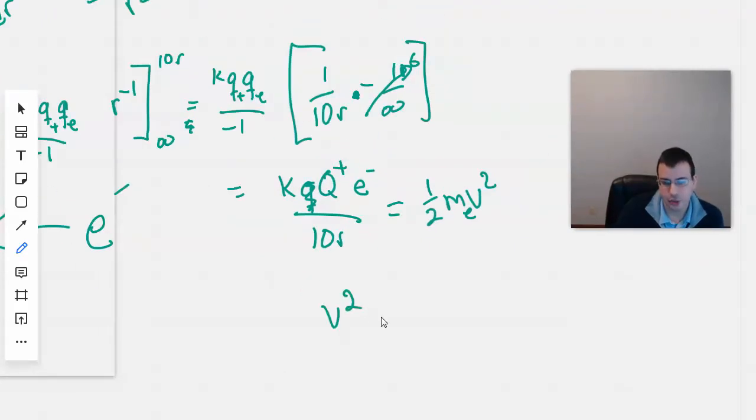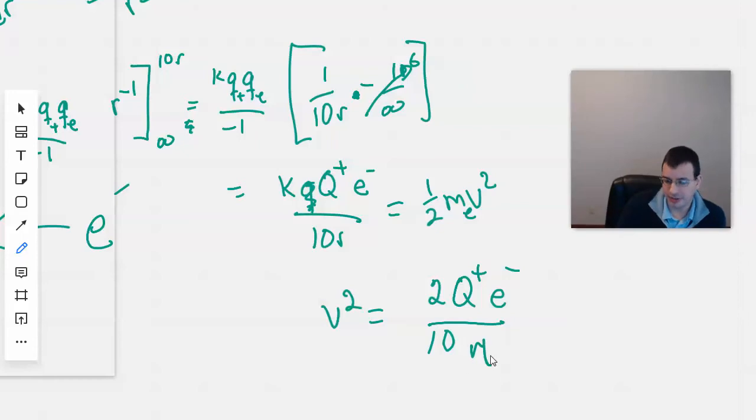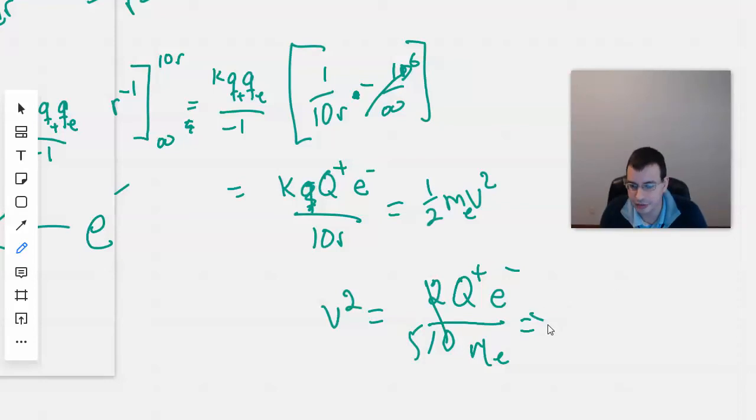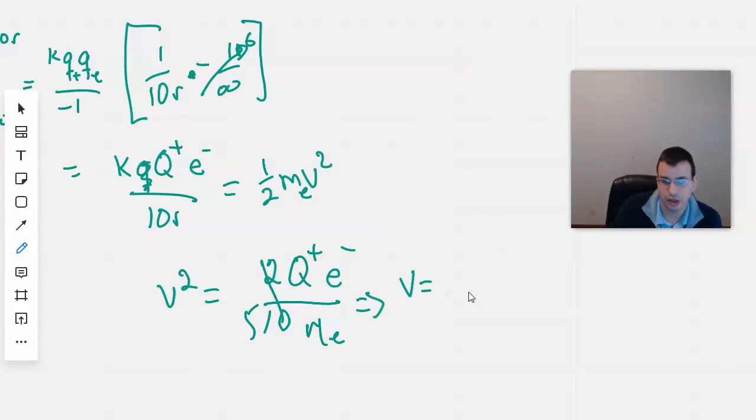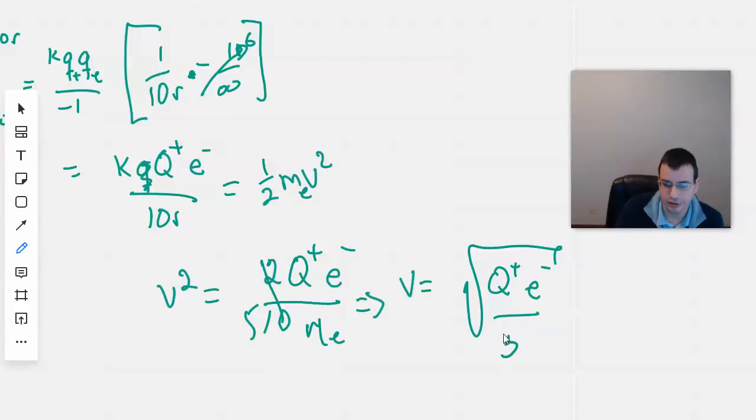Then we have v squared equals 2 q plus e minus over 10 times the mass of the electron. Get rid of that number, that becomes 5. So we have the speed equals the square root of q e minus all over 5 times the mass of the electron.